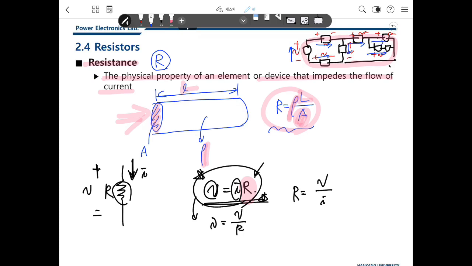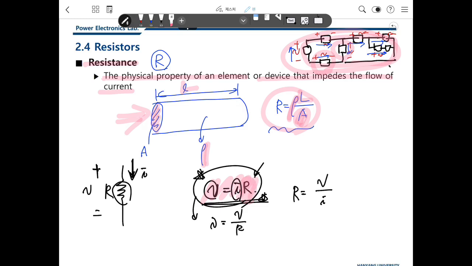Then we can say we know this circuit. So to analyze a circuit, we need to know the voltage of every element and the current of every element. That is the same thing as checking the voltage and current in every element.